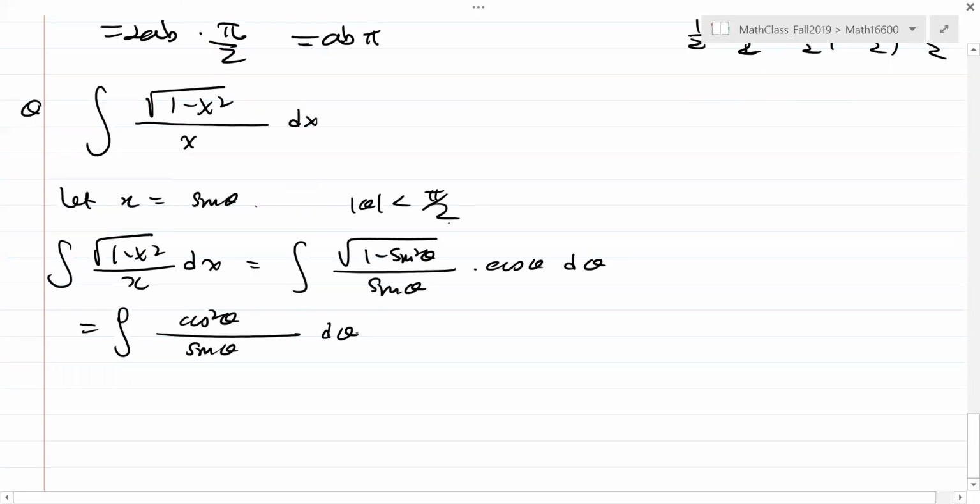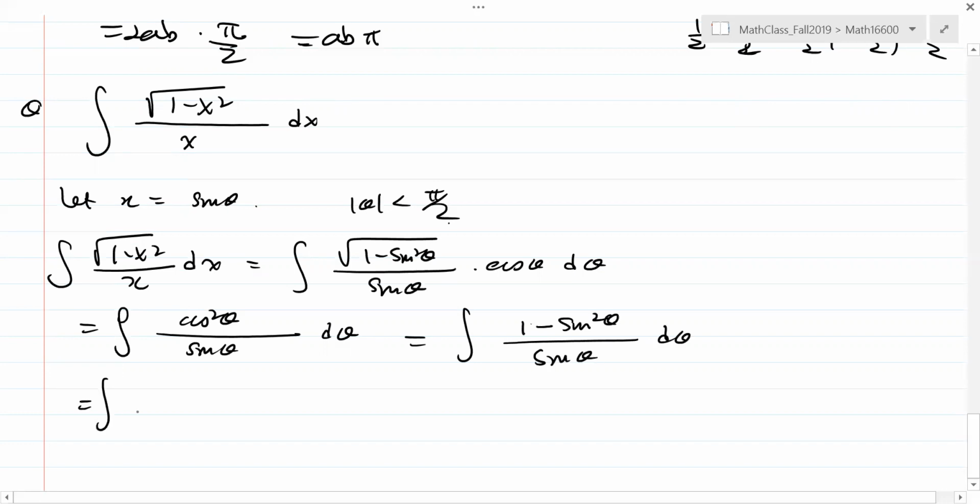Now what? Well, there are many forms you can write it in. One way is that people just separate it. This is going to be like 1 minus sine squared, right?